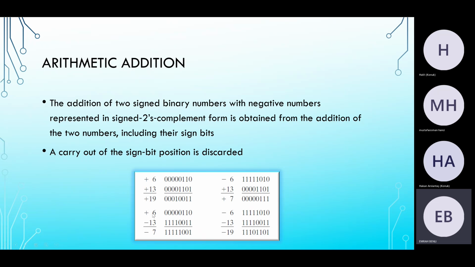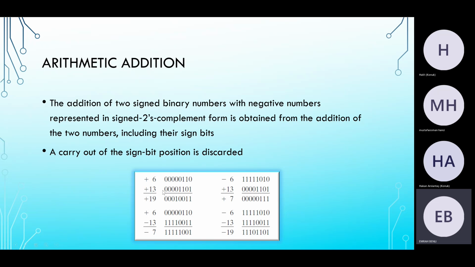If we want 6 and negative 13, for negative 13 we take the 2's complement, and this is the 2's complement of 13 in 8 digits. If we are using 8 digits, this is the 2's complement of 13.